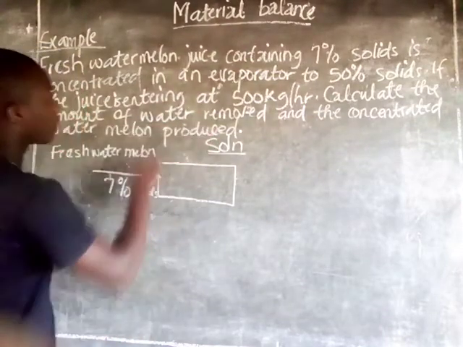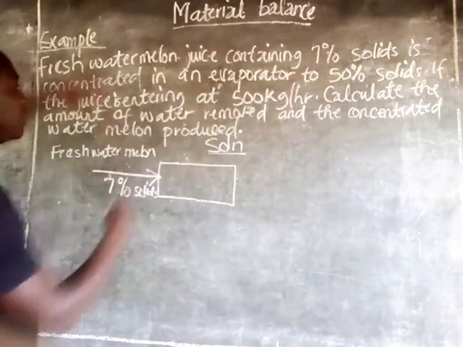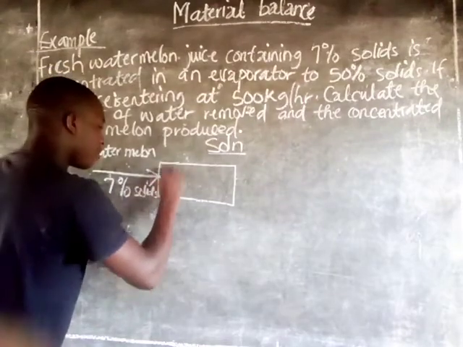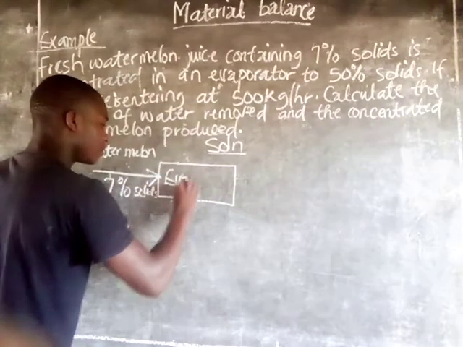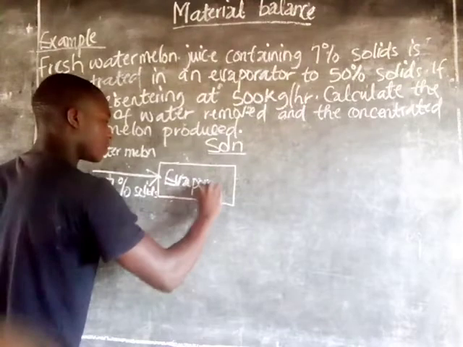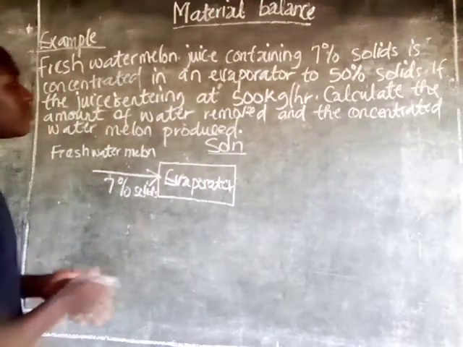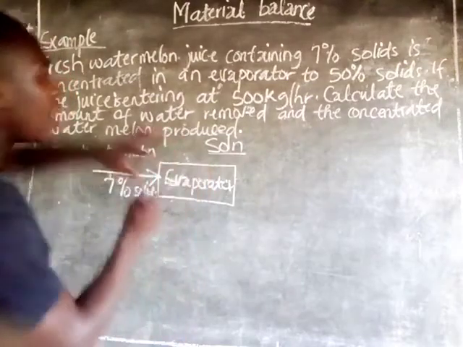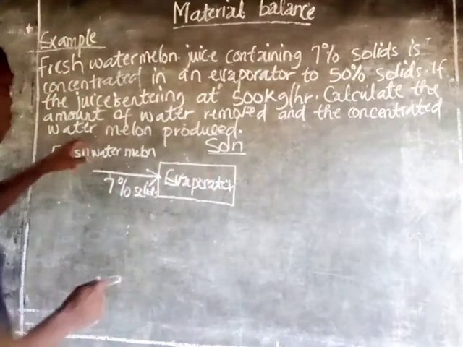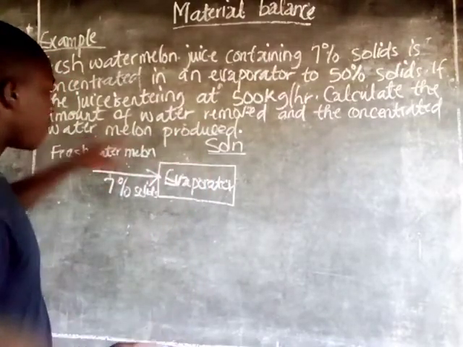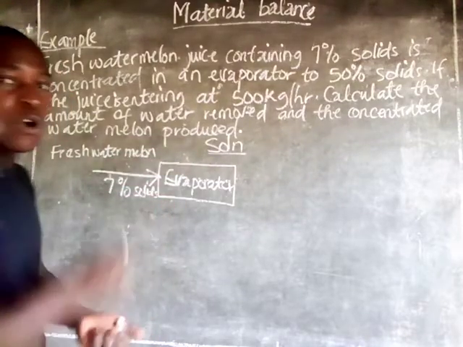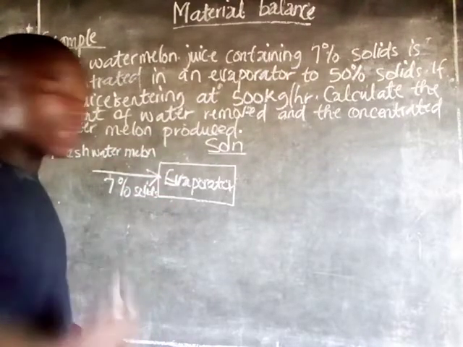And then the system is an evaporator. And then they said that it was now concentrated, so we now have a concentrated watermelon juice.